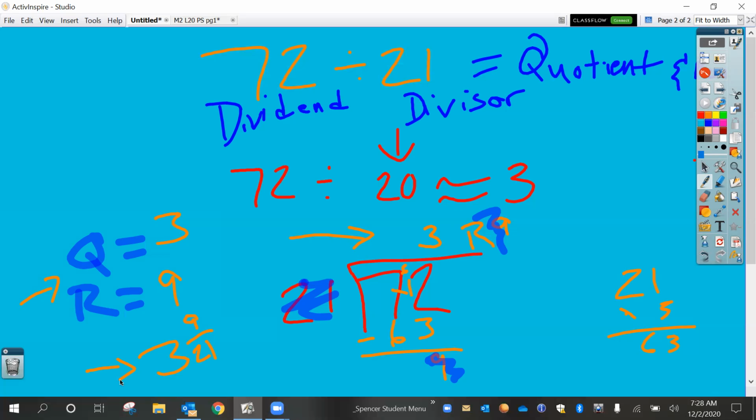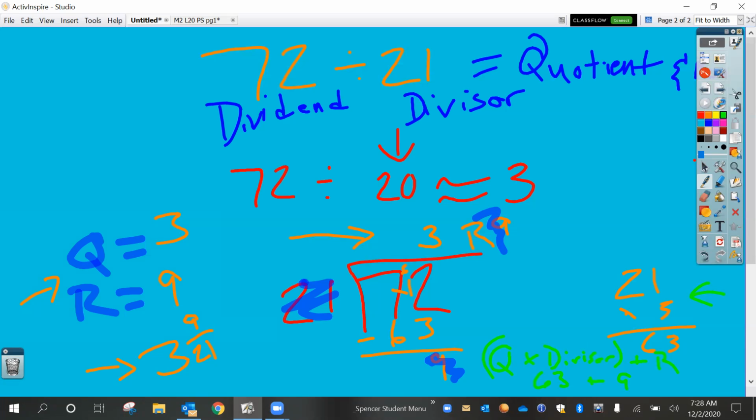Now we have to check. This is what I forgot to build into the lesson yesterday. Remember, it's quotient times divisor, and I had to spell out divisor because dividend starts with a D too, plus remainder. Quotient times divisor was done right here. 21 times 3 was 63. And then I'm going to add that 9.